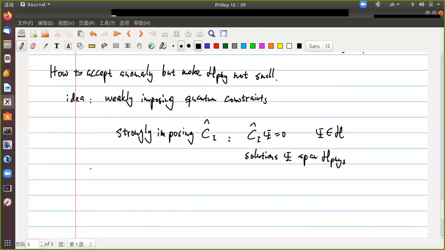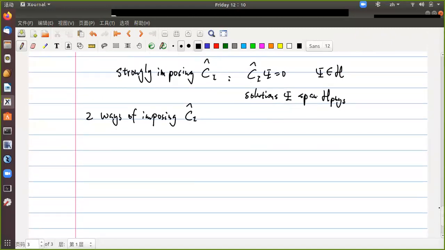And now what is weakly imposing constraint? So there are two procedures of weakly imposing constraint. Firstly, I'm going to talk about a standard way to weakly imposing constraint, and then I will talk about a non-standard way, which is used in loop quantum gravity to weakly impose constraint.